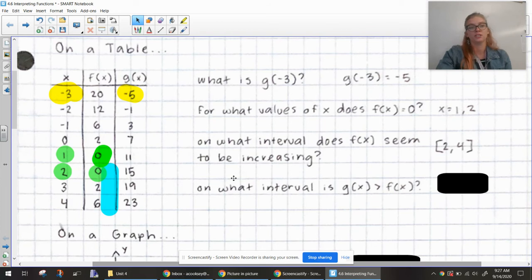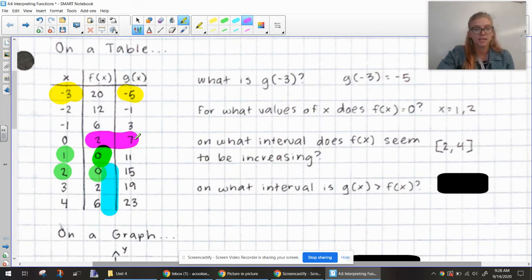The final question for our table is, on what interval is g of x greater than f of x? So I'll grab a highlighter and let's look. So here f of x is 20, g of x is -5. Definitely not greater. Here we have g of x is -1, f of x is 12, not greater. Here we have g of x is 3, f of x is 6, not greater. But here, g of x is 7 and f of x is 2. So that looks greater. Here I have g of x is greater.